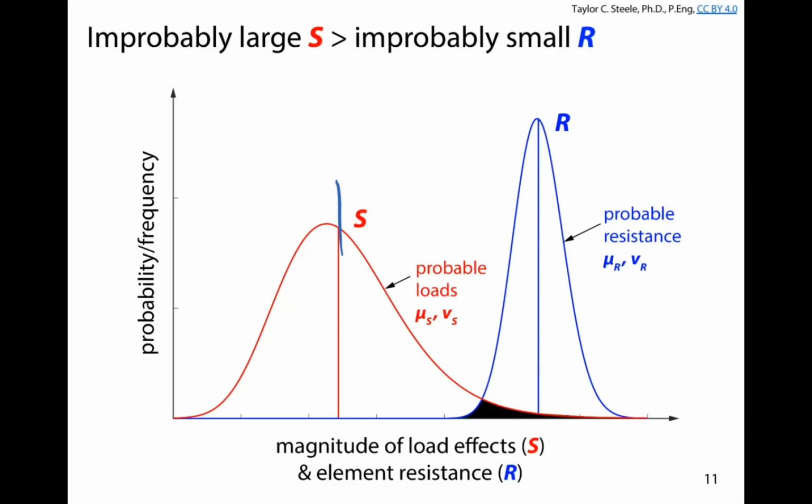That's the probability that an improbably large load will be larger than an unlikely small R value. And so we can write this as the probability that S is going to exceed R, which means we're likely to get some kind of structural failure.